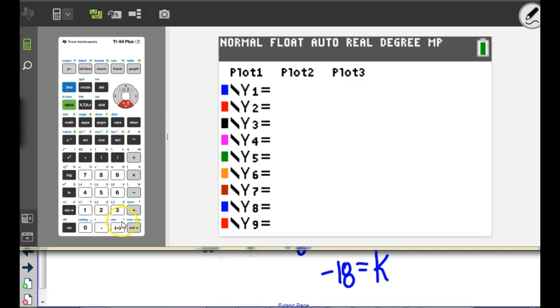All right, it was -18 x plus 2 and then x. Okay.